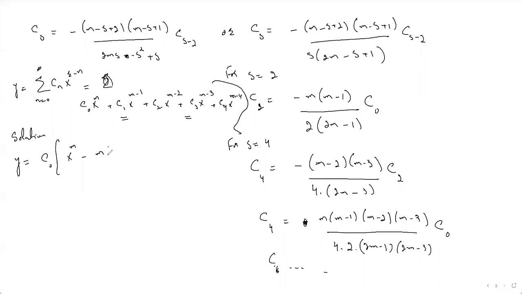C2 is your m into m minus 1 divided by 2 into 2m minus 1, into x raised power m minus 2.